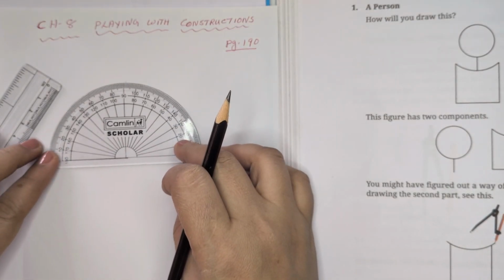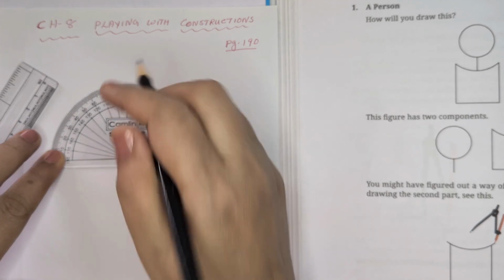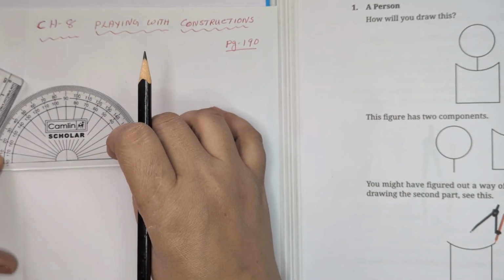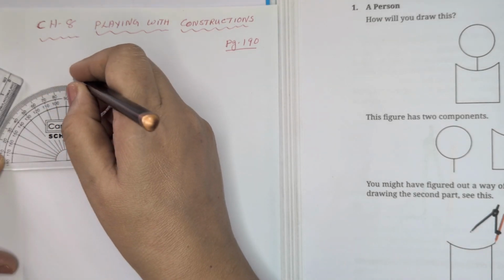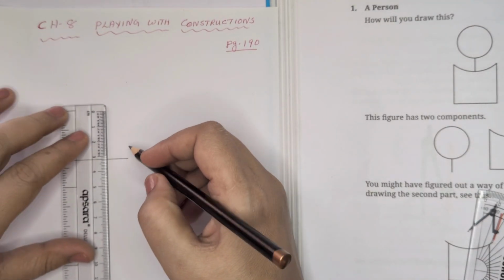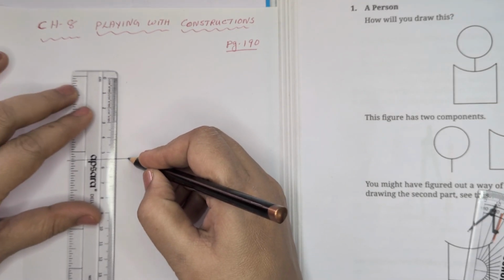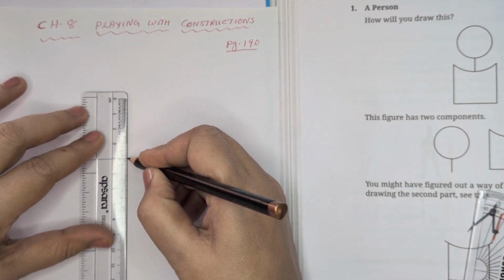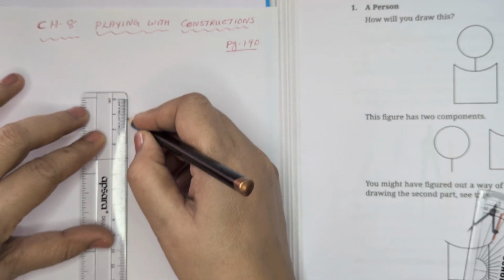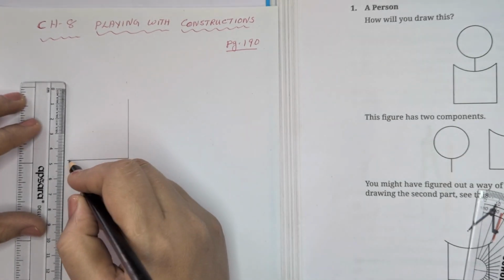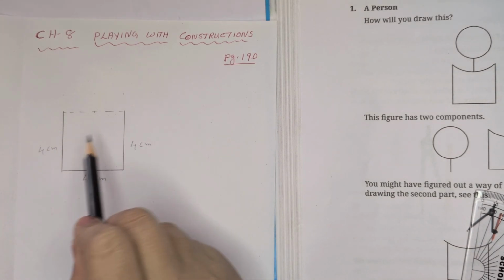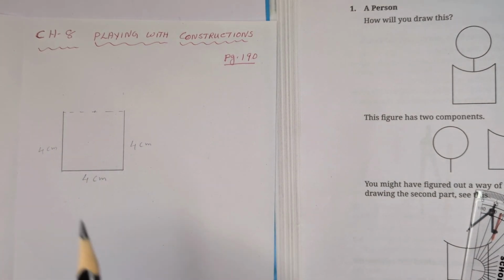We know that all angles of a square are 90 degrees, so mark that 90 degree at both the ends. Then that side is also 4 centimeter. So it's a square with 4 sides, all sides 4 centimeter.